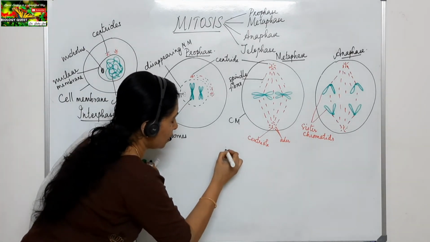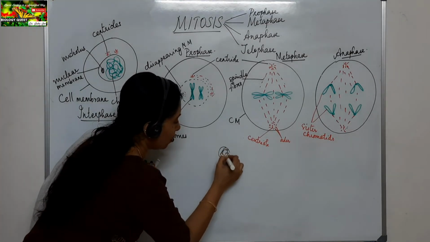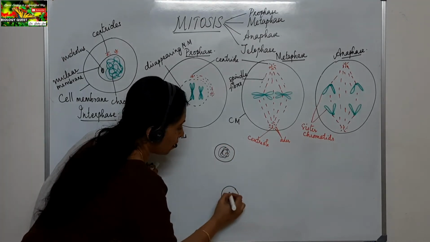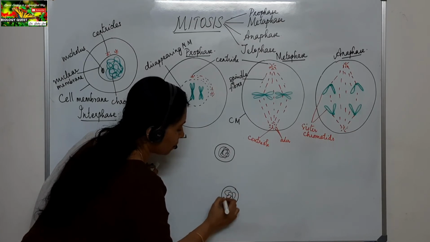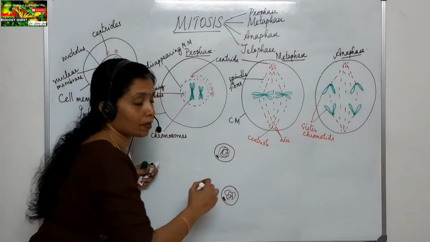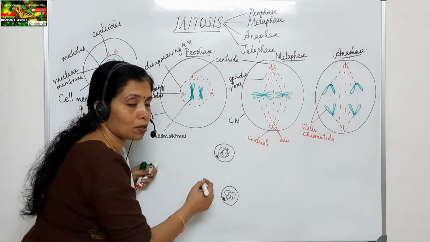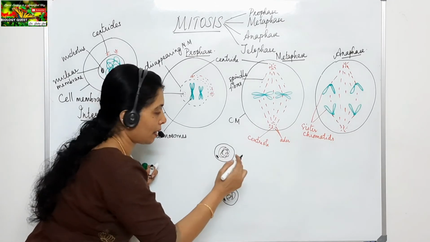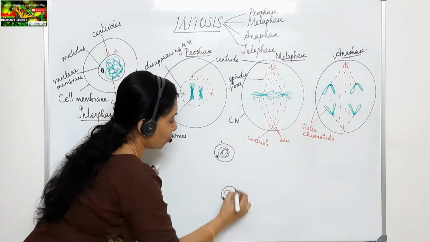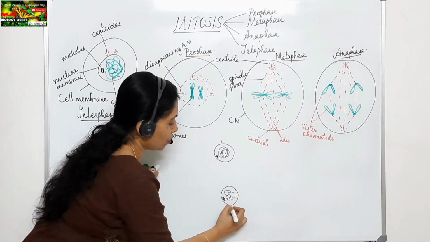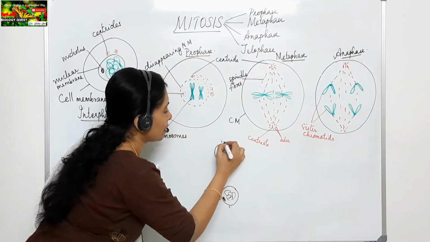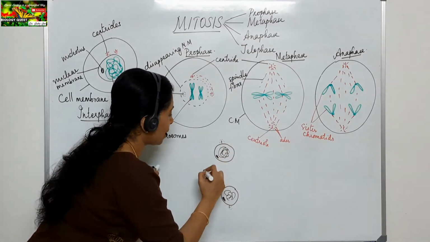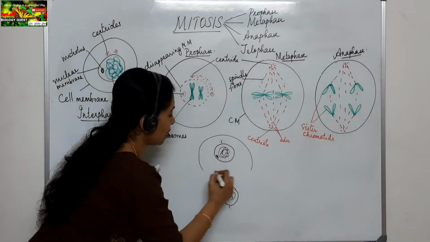So the decondensation of the chromosomes to form the chromatin, the nuclear membrane and nucleolus reappeared. The centrioles are present there close to the nucleus. The spindle fibers have disappeared. Now that is the end of mitosis.